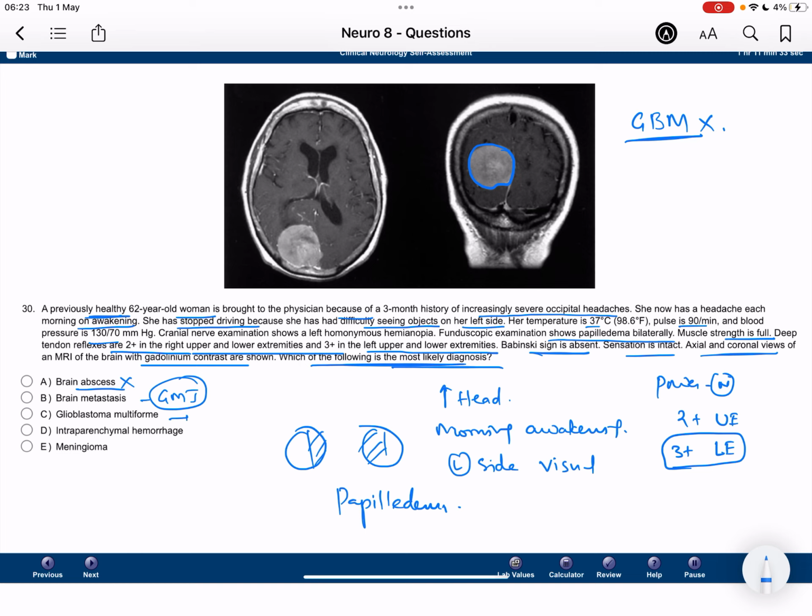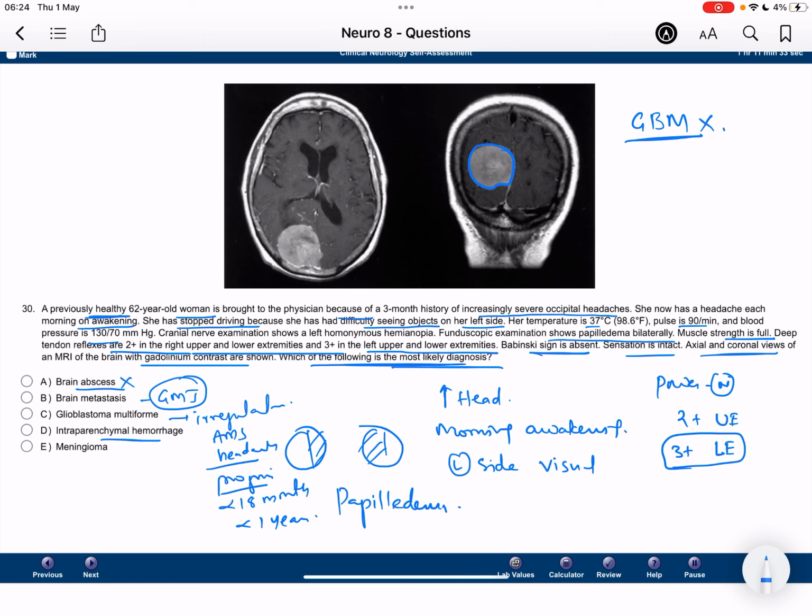Glioblastoma multiforme, the mass will be irregular, please. And whenever there is glioblastoma multiforme, there will be altered mental state, there will be headache as well. And remember, the prognosis in glioblastoma multiforme is usually less than 18 months. Some books say it is less than 1 year.